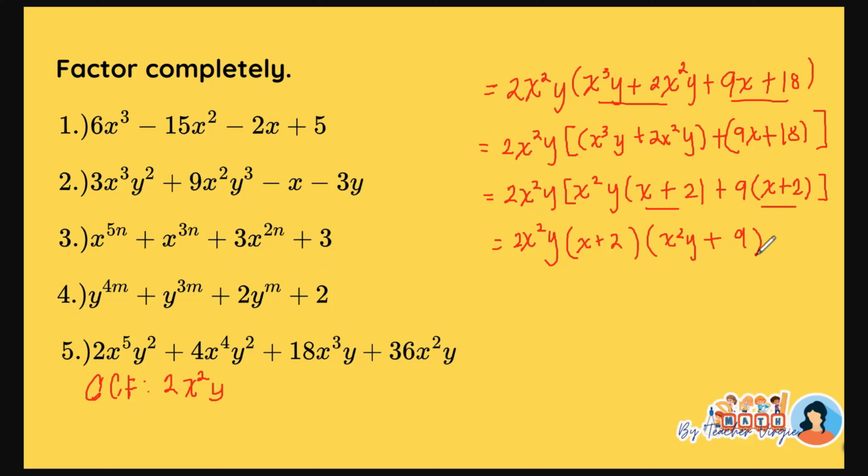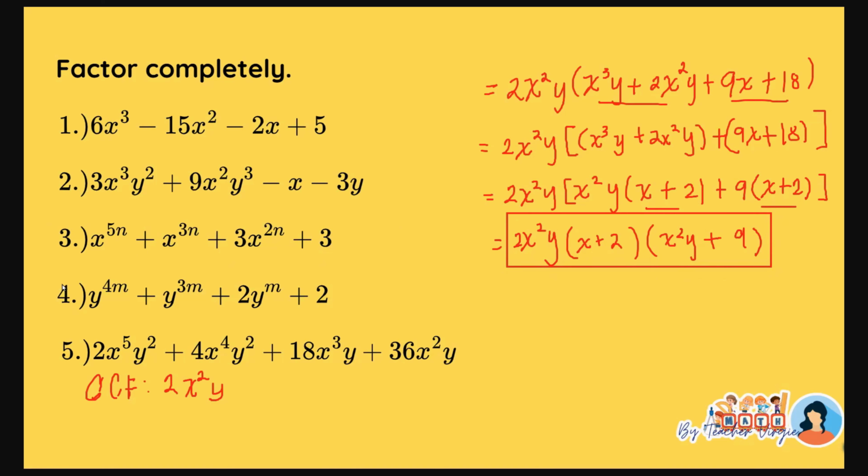This is your factors for number 5. So that is 3 factors. So 2x squared y multiplied by x plus 2 times x squared y plus 9. So remember these steps.